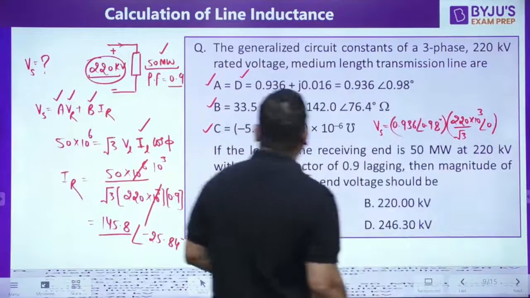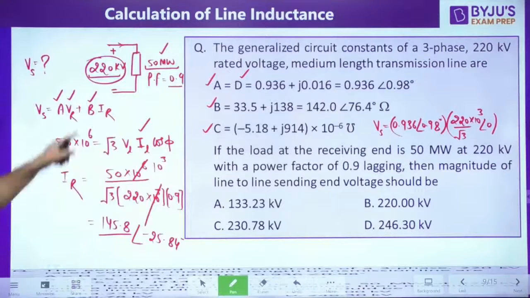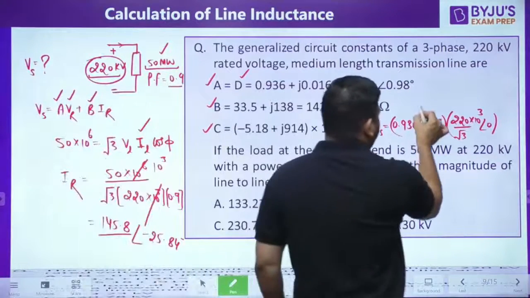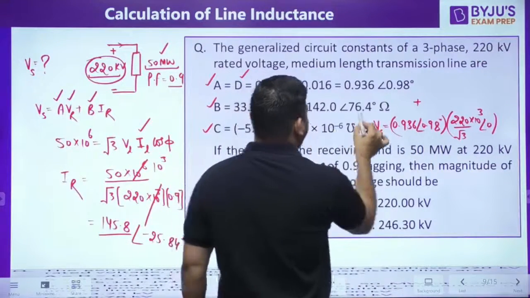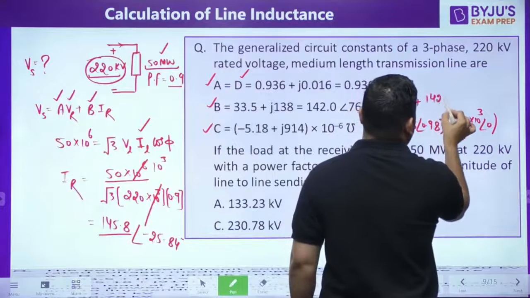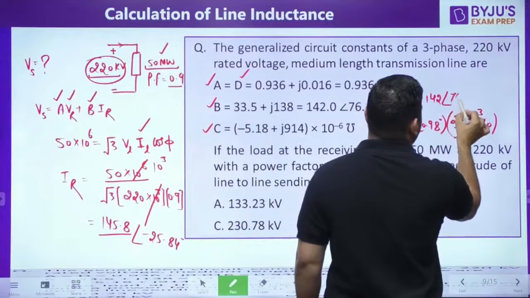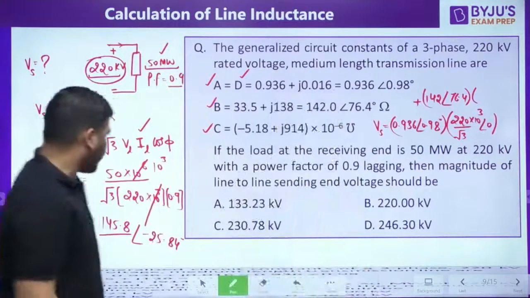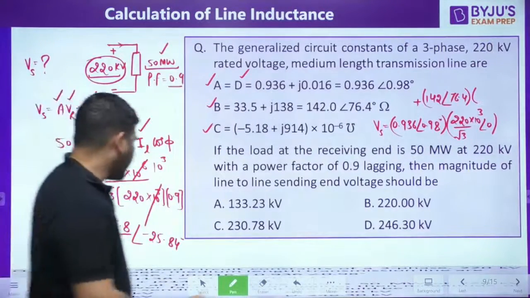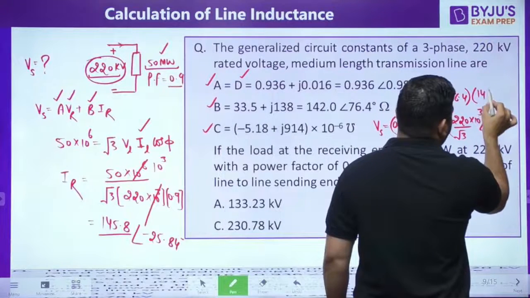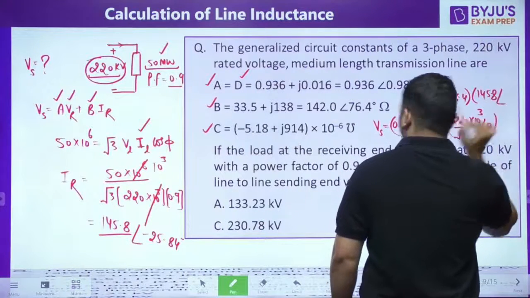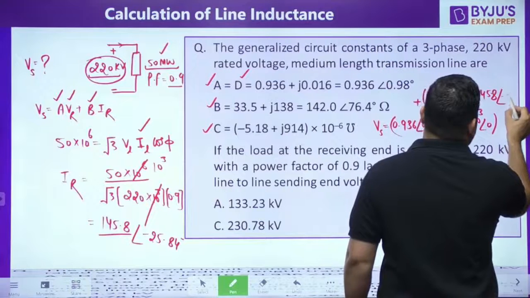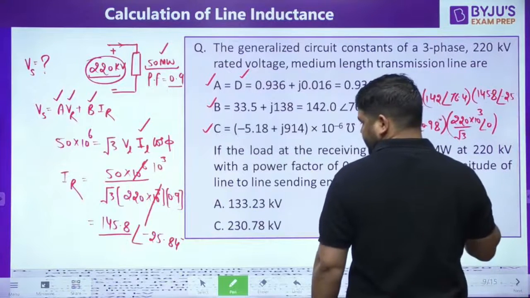This is the phase voltage I have taken, VR, plus B into IR. B is 142 at an angle of 76.4, into IR. What is IR? This is the phase current, 145.8 at an angle of minus 25.84.